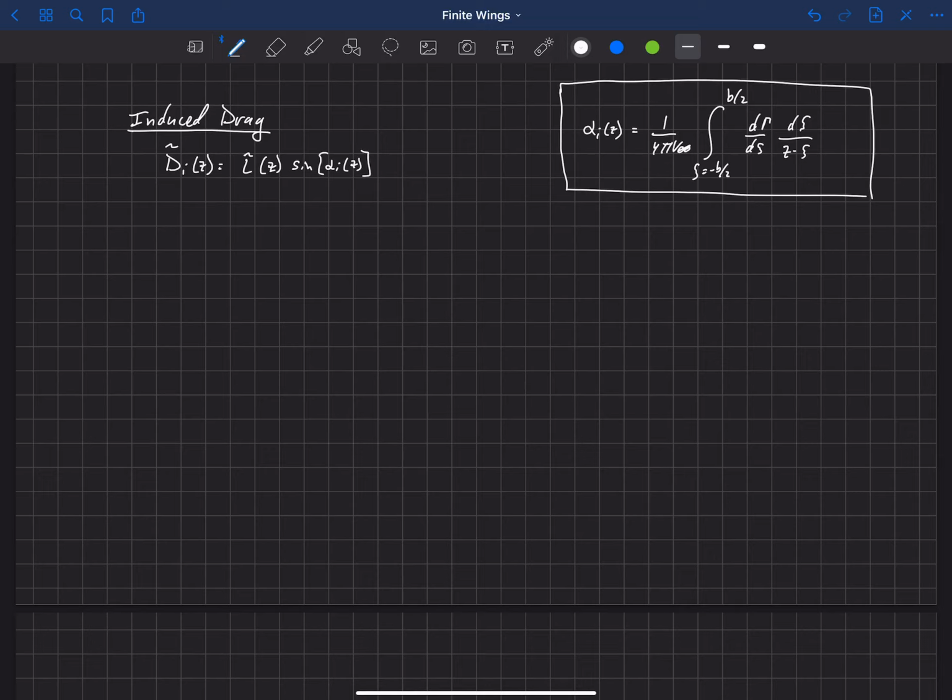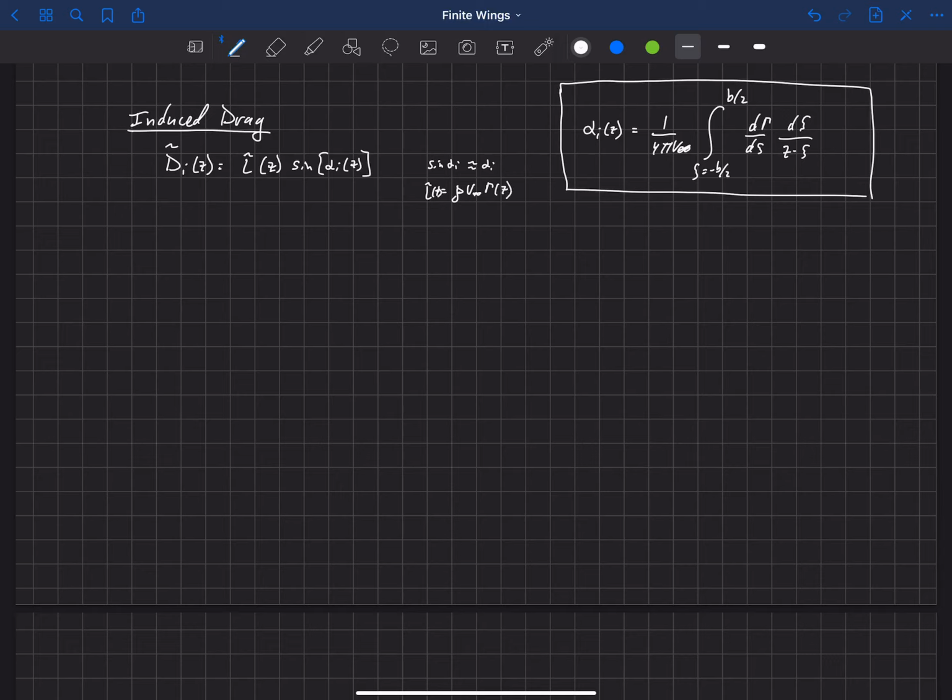Now we're going to use a small angle approximation and say that sine of alpha I is about equal to alpha I. And we're also going to say that L is equal to rho V infinity gamma at any location z.